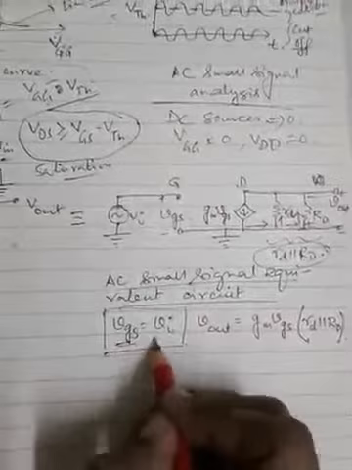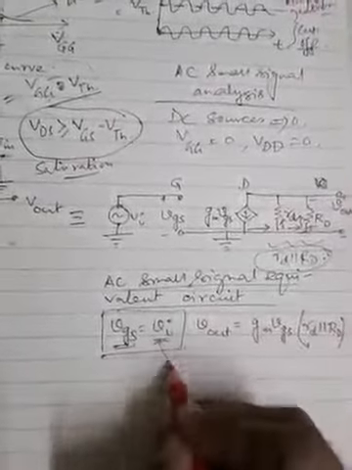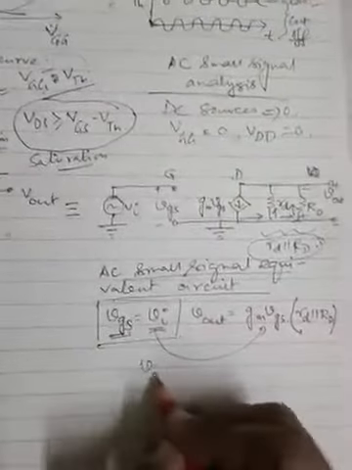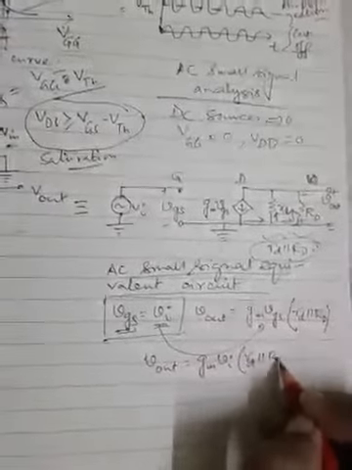And another thing is, we have VGS equal to VI. So if we put VGS equal to VI into this, we can write Vout equal to gm VI times rd in parallel with capital RD.